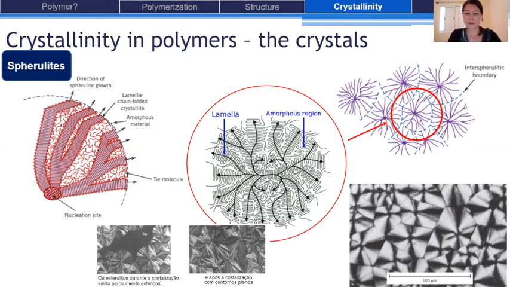So here you have a representation on the left part of the slide of the growing of spherulites during crystallization. You have during the crystallization and at the end of crystallization where you can observe the interspherulitic boundary.